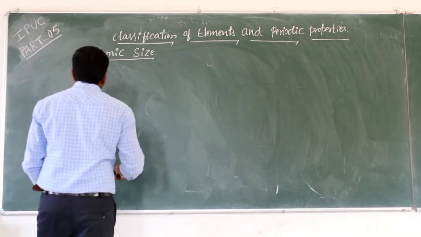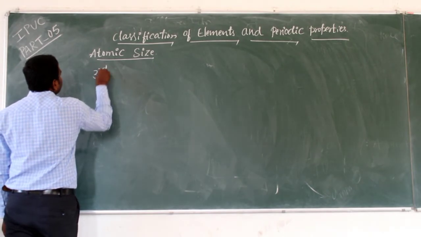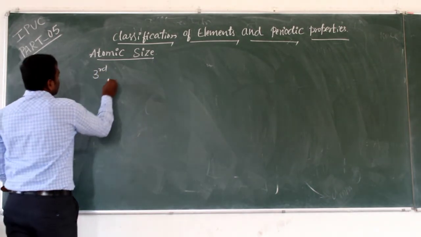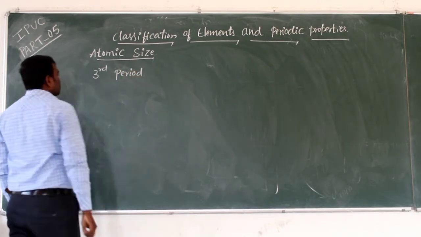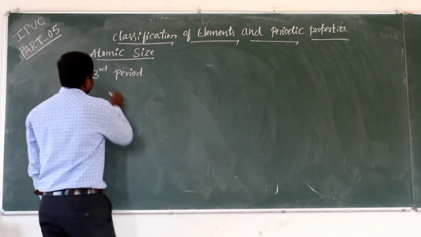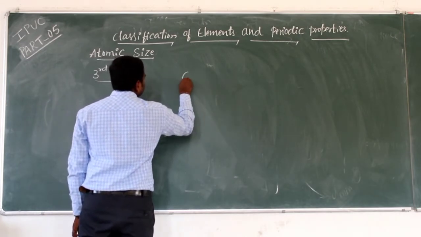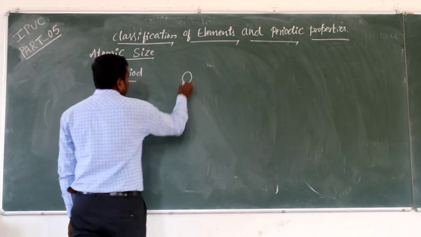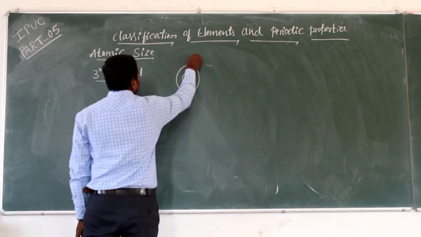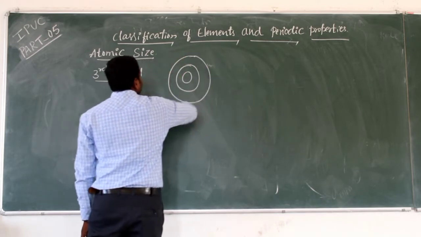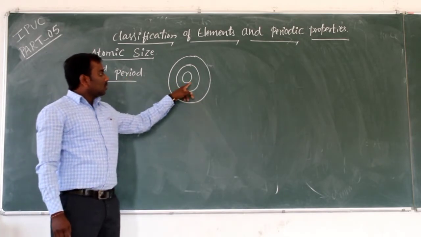See, let us consider the third period. The first shell, the second shell, the third shell. Third period means having three shells.